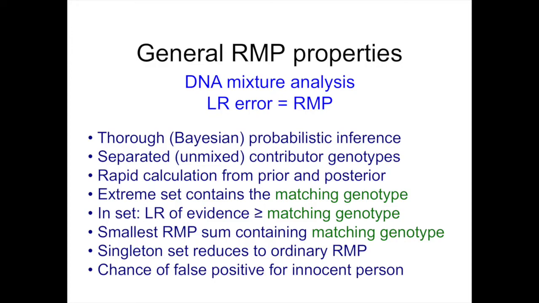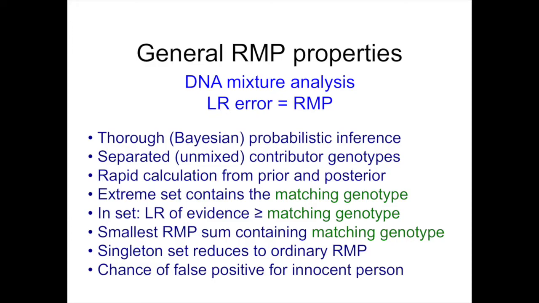We can do, as I'll show you, an instantaneous calculation with prior and posterior probabilities at a locus to quickly come up with a distribution and then calculate this extreme probability. Relative to the matching type for DNA as genotype, we want this extreme set of types that exceed a certain evidential force to contain the matching genotype.